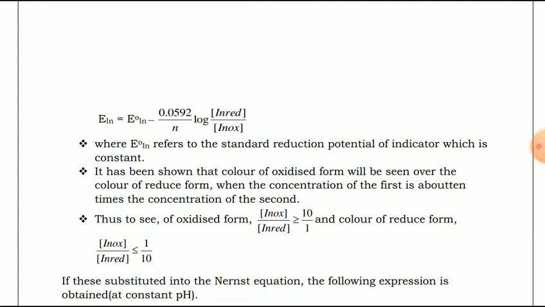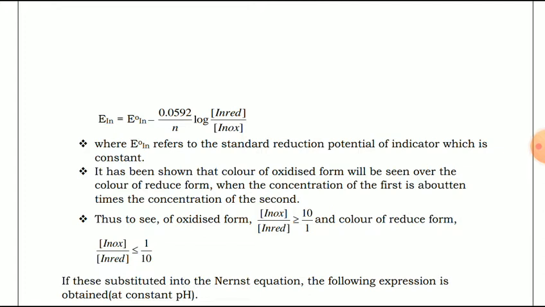That means the oxidized form is 10 times greater than the reduced form, so it will show color first. And for the color of the reduced form, the ratio of oxidized to reduced is less than or equal to 1 by 10.